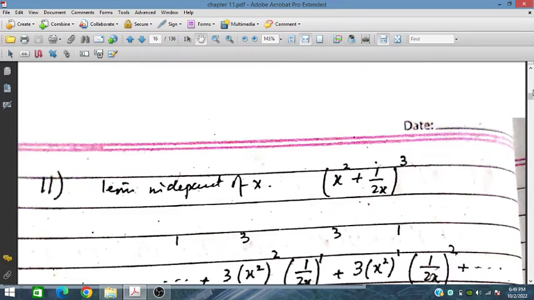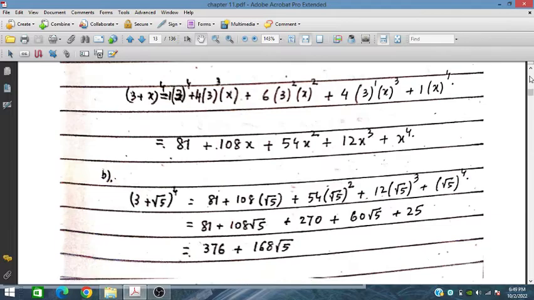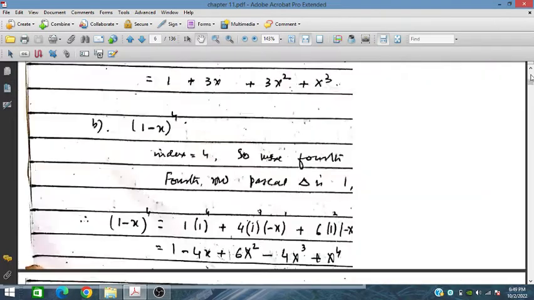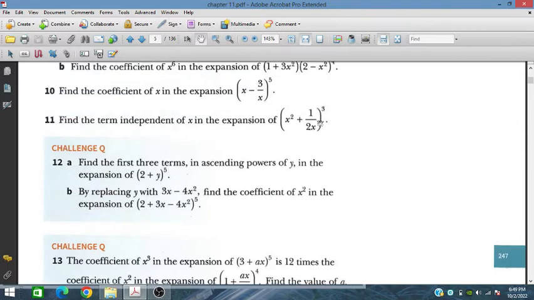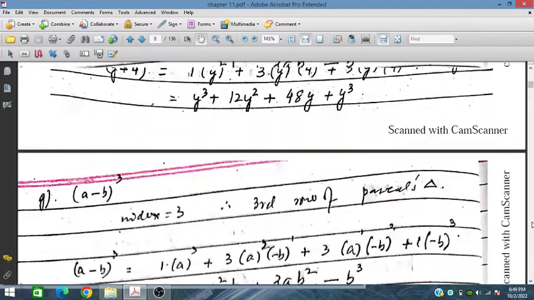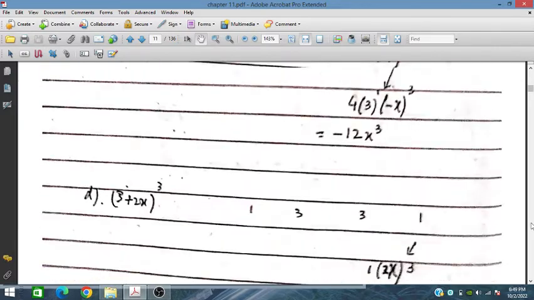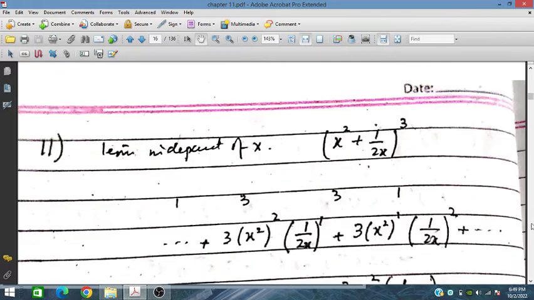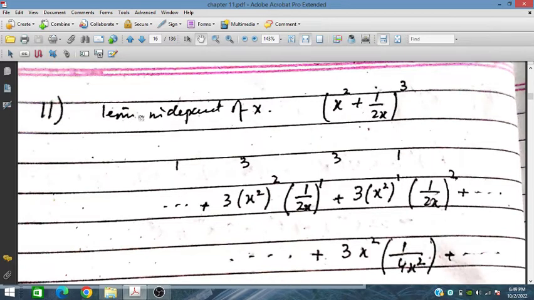Similarly for question number 11. Find the term independent of x in the expansion of this. We will find the term that is independent of x somewhere, so let's see how to proceed. Term independent of x we have to obtain in this term.